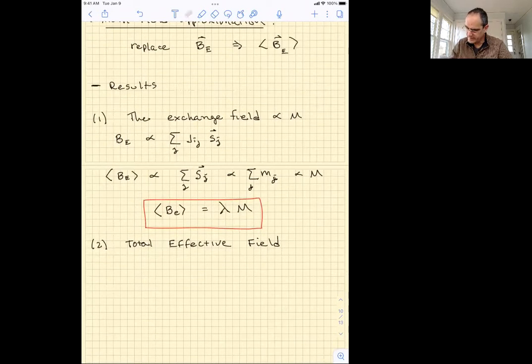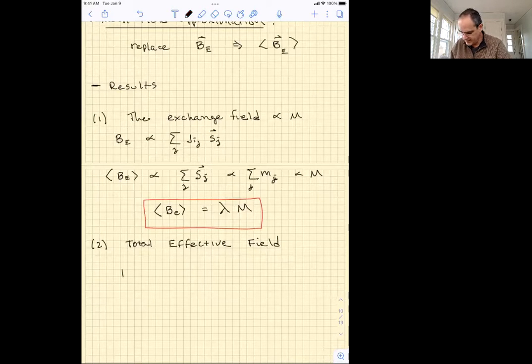The second thing we can do is see what happens when we add a real magnetic field to this exchange interaction. So we take our ferromagnet and we put it in a real magnetic field. What happens? Well, since the exchange interaction behaves like a magnetic field, even though it's not one, we can say that there's effectively a total field that's just the sum of the exchange field and the actual magnetic field.